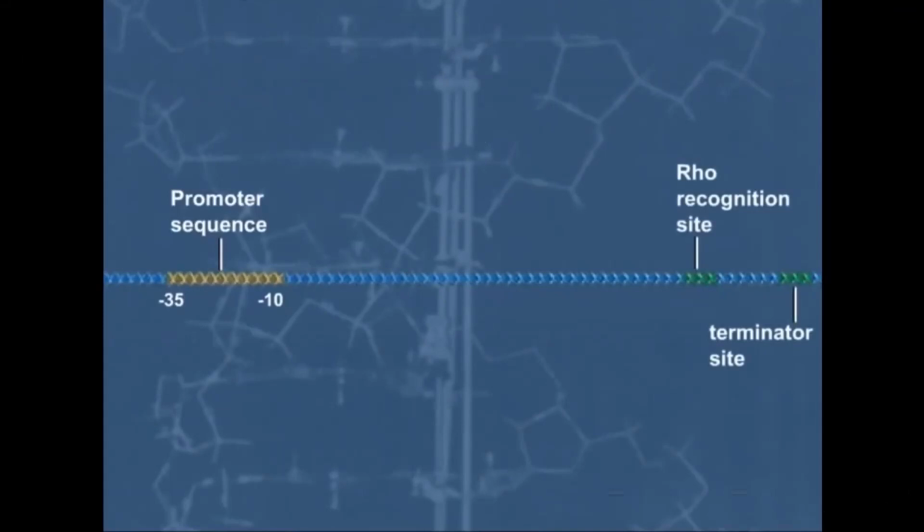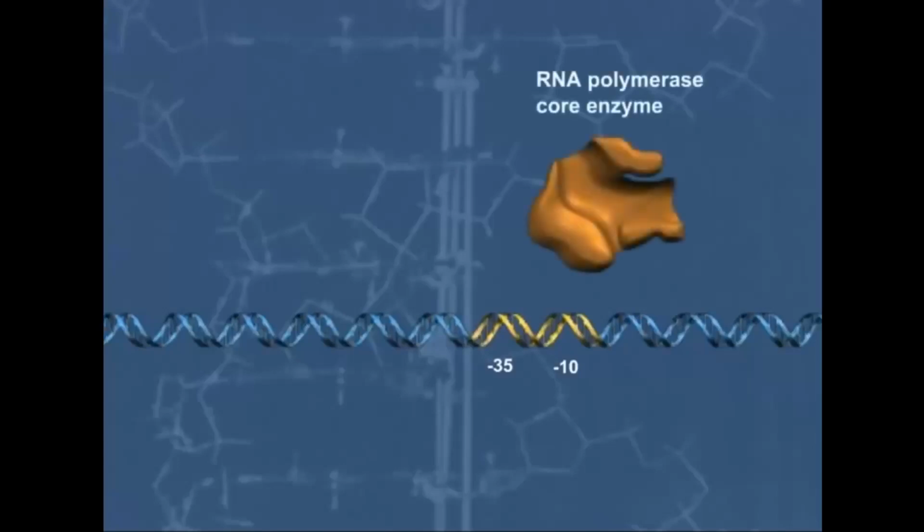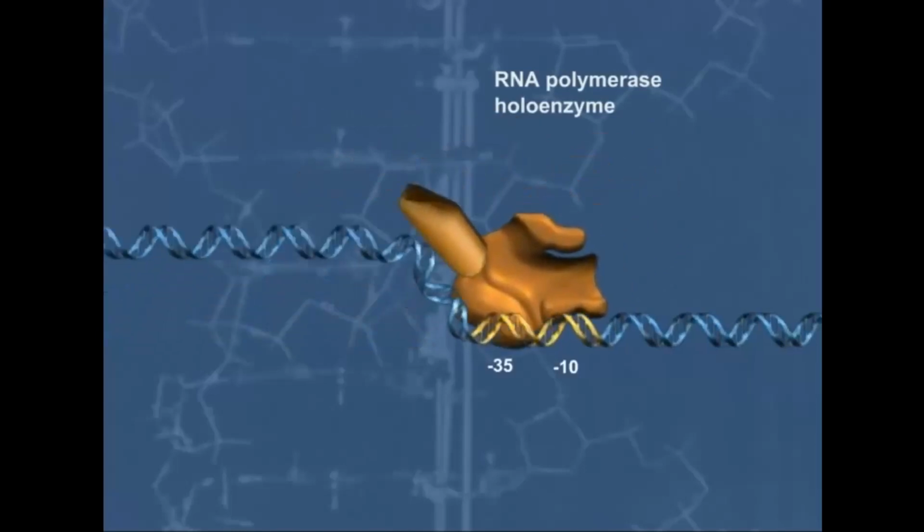The sequence of the promoter at positions 35 and 10 nucleotides upstream from the transcription start site are critical to initiating transcription. In order to initiate transcription in bacteria, core RNA polymerase and sigma factor form a holoenzyme. Sigma factor recognizes the sequence of DNA at the promoter region.